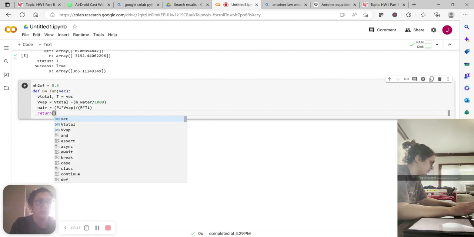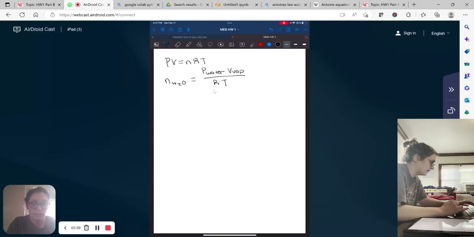I'm going to put it in brackets since it's a list and there's two variables. And the first one is for the volume, which is our new equation, which we can come back over here and look at.